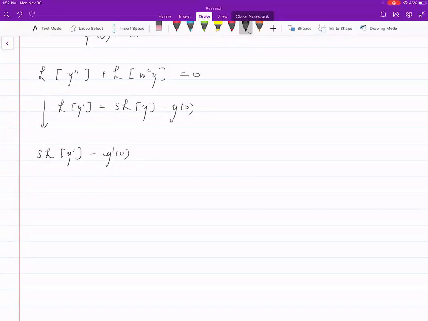You take away a derivative, you put an s here, you minus the 0 value of the thing inside. Except this time it's not y, it's y prime, so the whole y prime is almost like the y before.